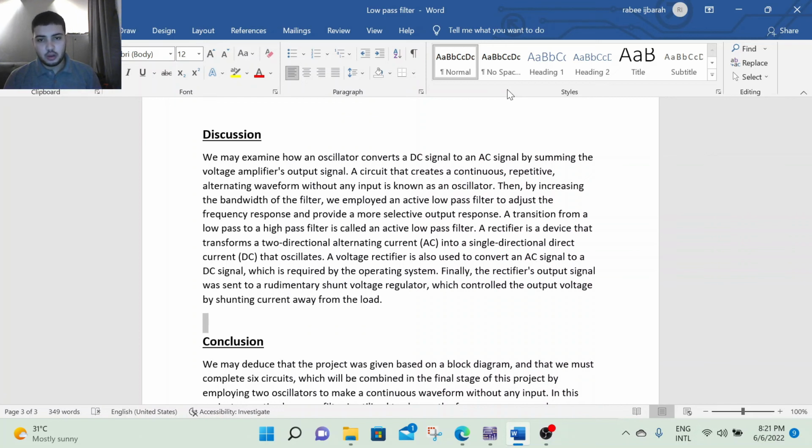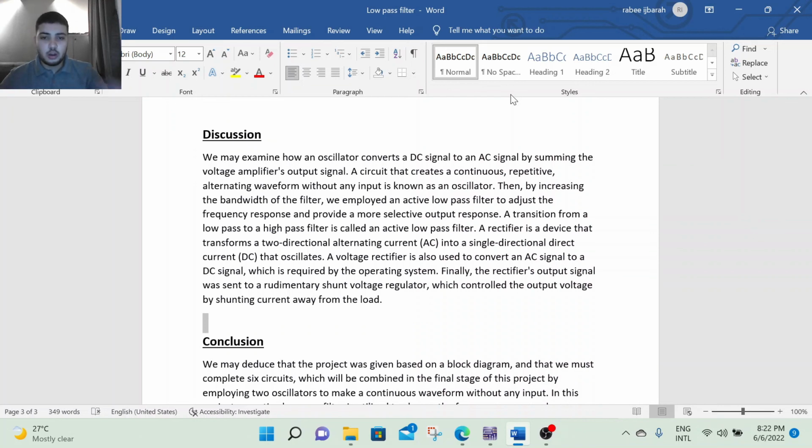A rectifier is a device that transforms a two-directional current AC signal into a single-directional current DC signal. A voltage rectifier is also used to convert an AC signal to a DC signal, which is required by the operating system.